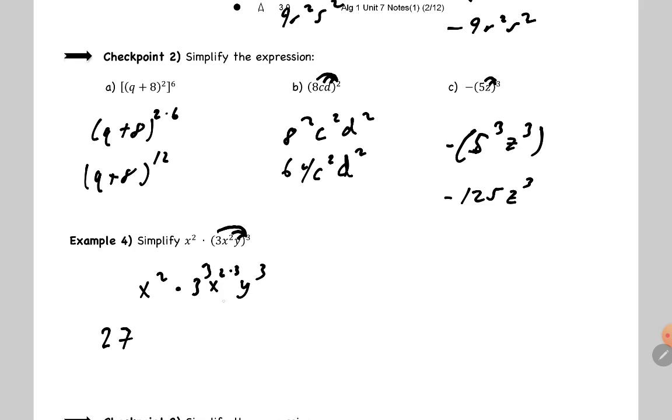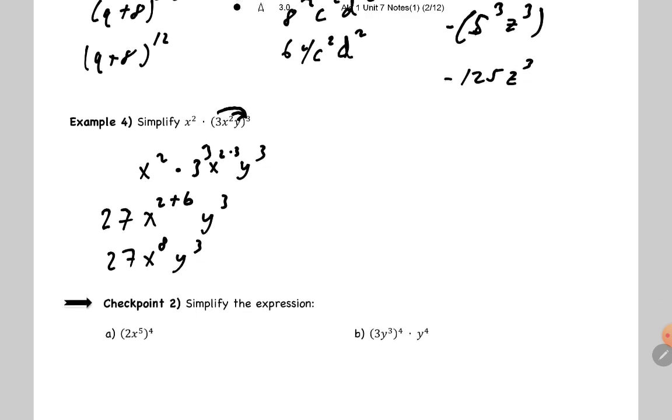So x and x, they're the same base. So this is x squared, and since they're being multiplied together, that 2 times 3 becomes 6, and we're just going to add that 6. Y cubed. So this is going to be 27x to the 8th y cubed. And that's it.